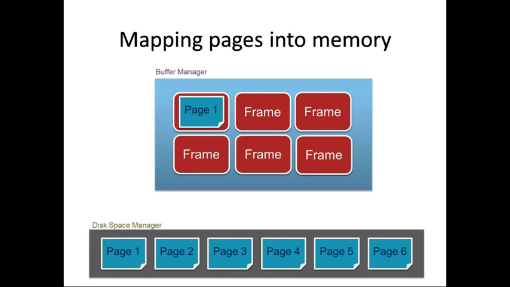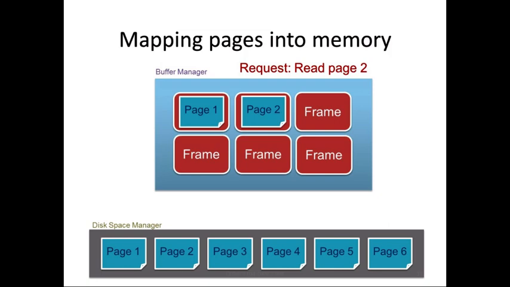Then let's say we get another request for page 2, and the same happens here. The buffer manager will forward this request to the disk space manager. The page is transferred. And so in this kind of process, we'll often talk about a primary copy of a page, which is the one on disk.